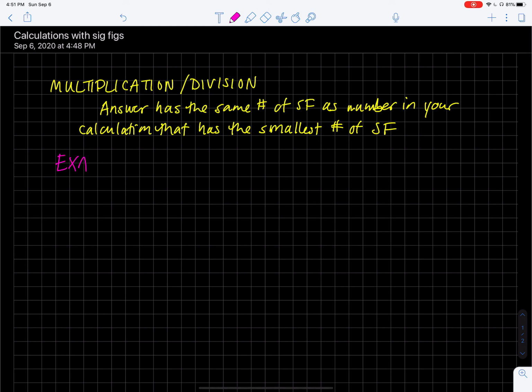So our example, you can try it yourself, is a problem that you've had in Chem 111. So what is the energy of a photon with a frequency nu equal to 9.8 times 10 to the 12 hertz or per second?